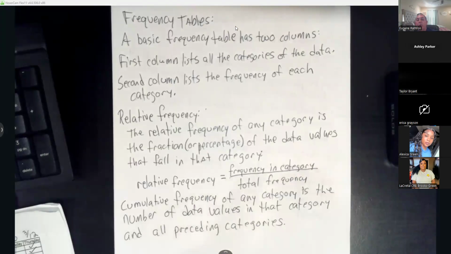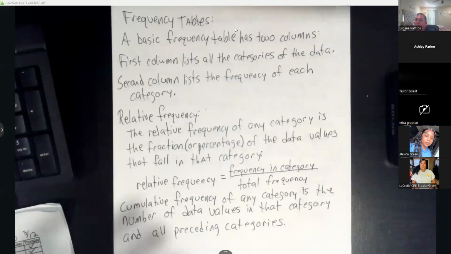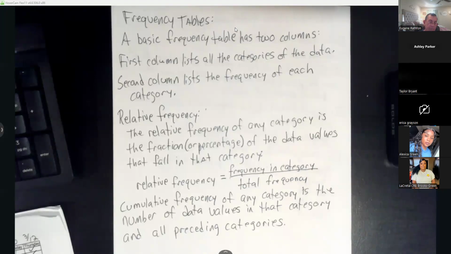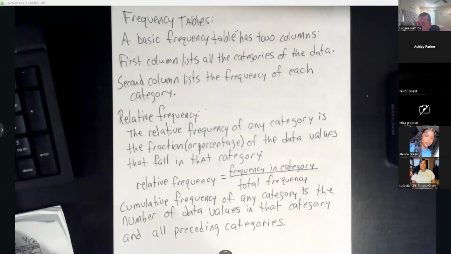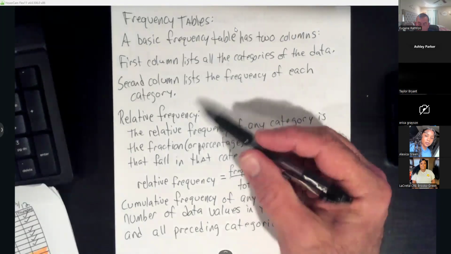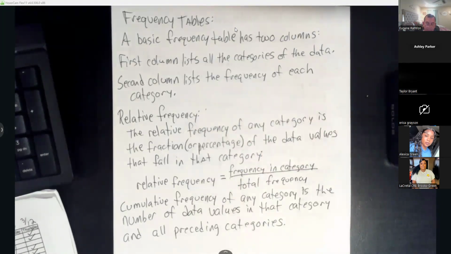So it's like you're sort of adding them as you go along for that cumulative frequency, okay? It's like adding the totals as you go through each of those categories. So y'all, I'm gonna let y'all catch up a second, and then we will look at an example of doing all of this, okay?